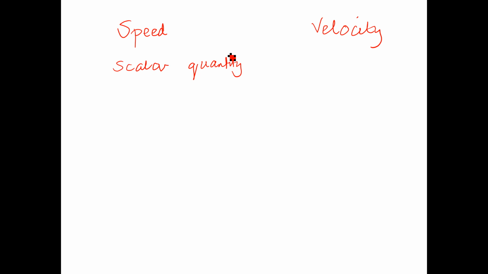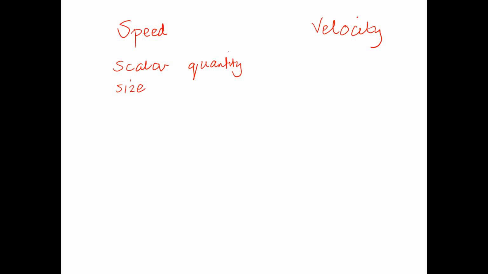So let's consider what we mean by speed and velocity. Now, first of all, speed is something we call a scalar quantity. What we mean by this is it just needs to have a size.